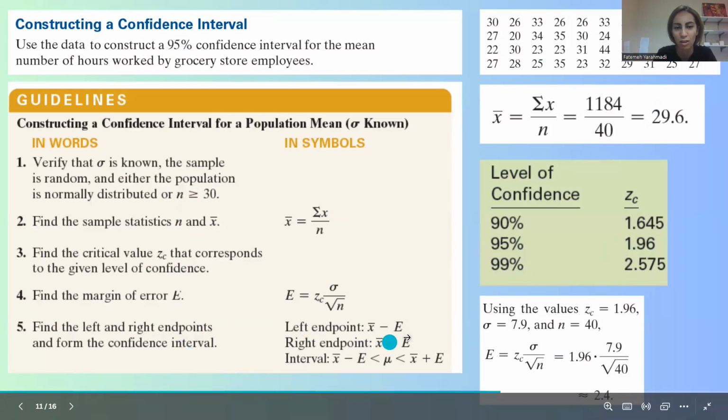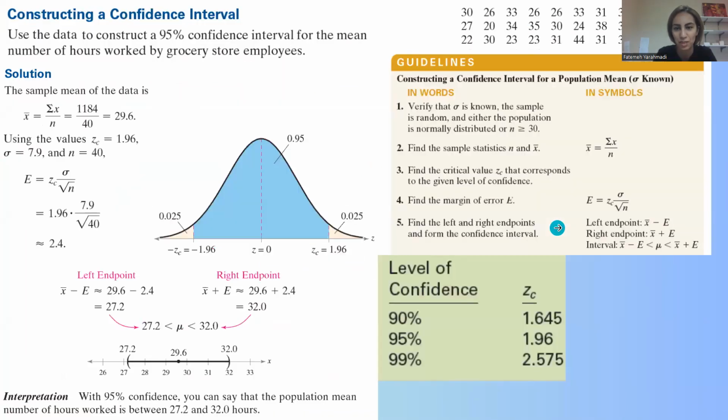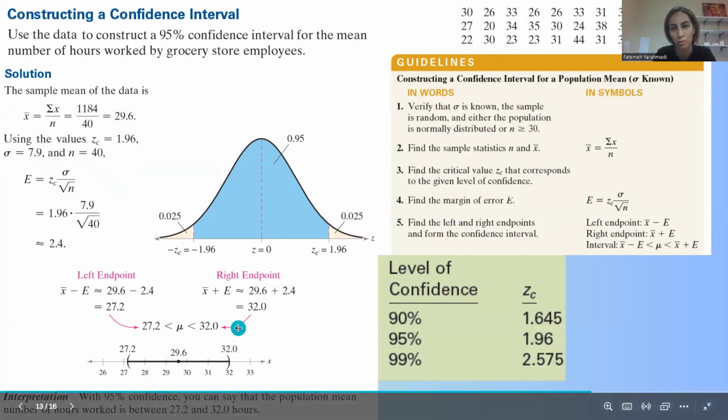And then for the confidence interval, you have X bar minus E and X bar plus E. So basically you have the lower bound 27.2 and 32 as the upper bound. And the summary is located here. Sample mean 29.6, sigma 7.9, ZC 1.96, the margin of error, lower bound and upper bound.